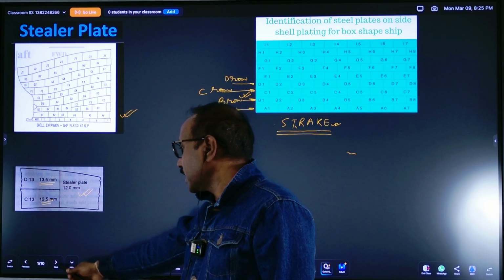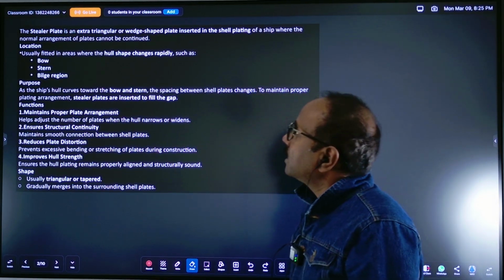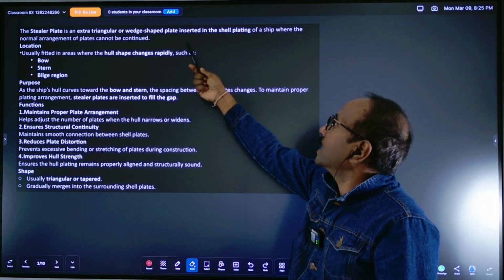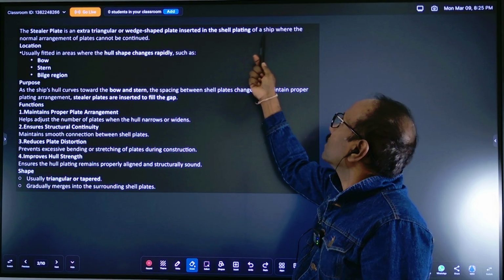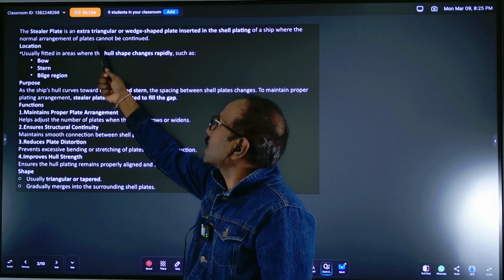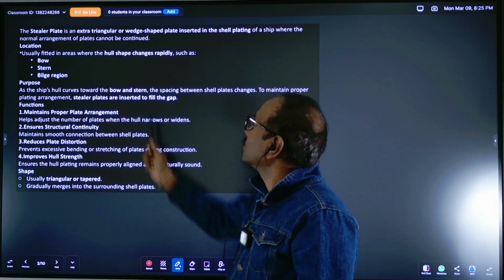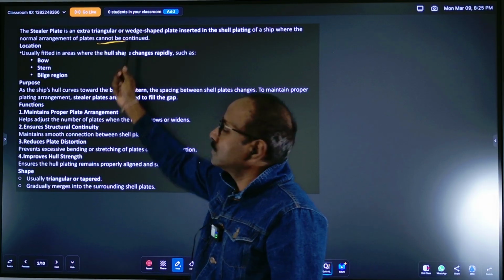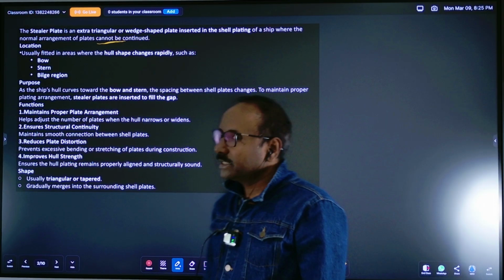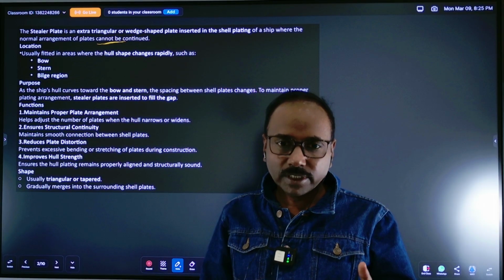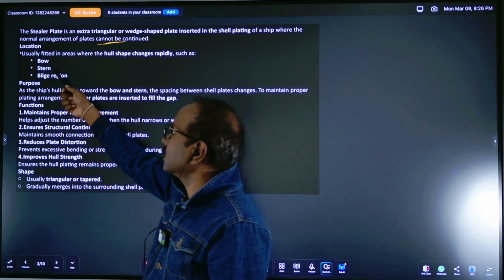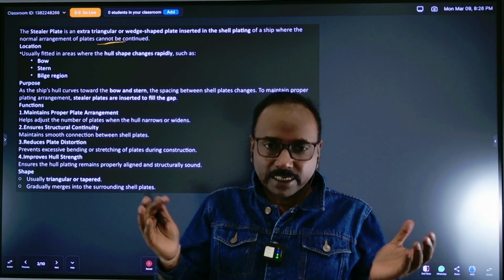You can go through the write-up over here. A Stealer plate is an extra triangular or wedge-shaped plate inserted in the shell plating of a ship where the normal arrangement of plates cannot be continued. Location: in those ship areas where the cross section area changes drastically, like bow area, stern area, and bilge region.